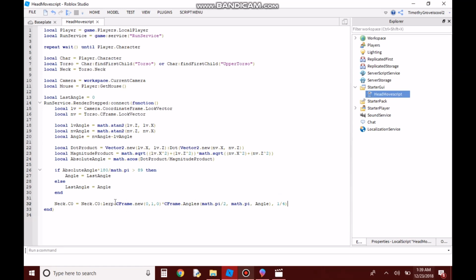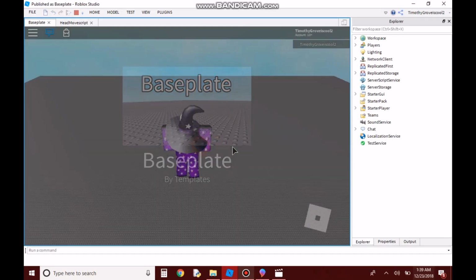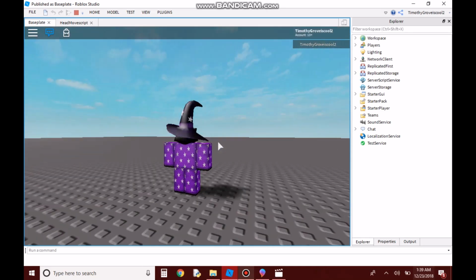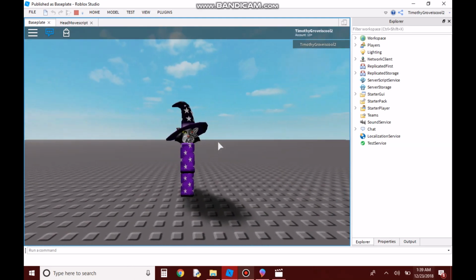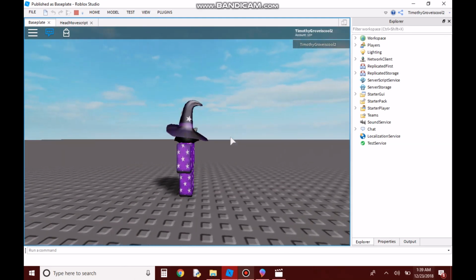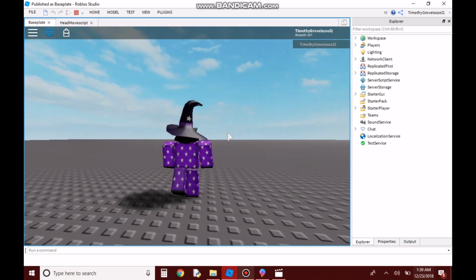So after using the lerp function, this is what it should look like. So right here, it'll go smoothly back to where it needs to go, instead of being choppy like it was before. It'll do the same on the other side as well. So there you have it.